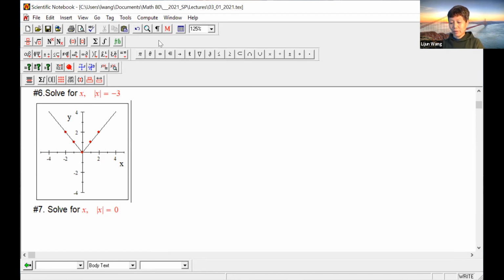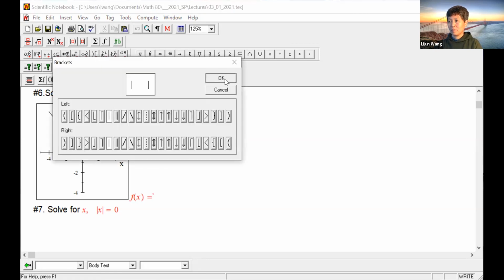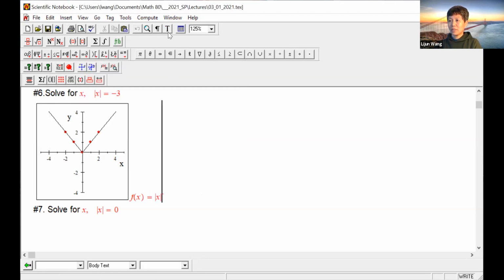We have studied this function, right? And we studied its domain, and we studied its range.